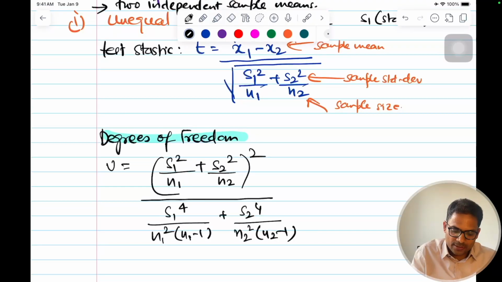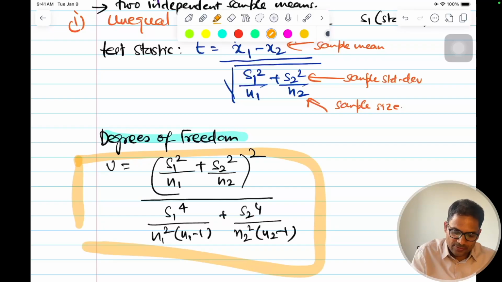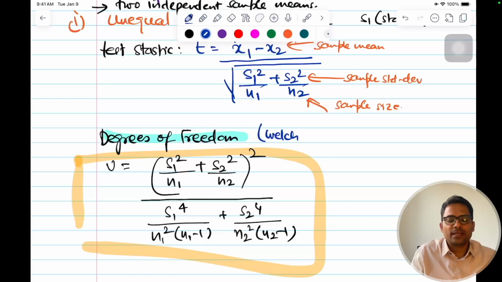This is how we calculate the degrees of freedom. This was given by mathematicians Welch and Satterthwaite, but we know it as the Welch formula.